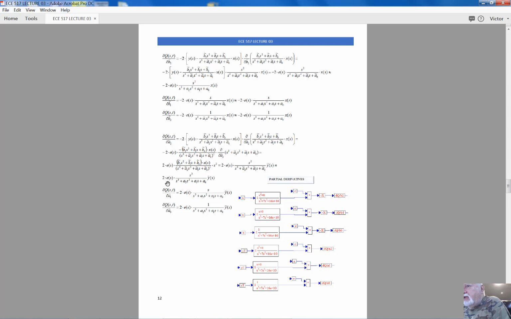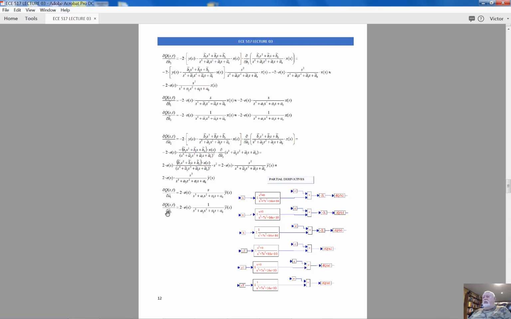So the final result is plus 2 times error times the second derivative of the output of the adjustable system divided by the denominator of the reference model. Similar expression I'm getting for the derivative of the criterion with respect to parameter a1 tilde and parameter a2 tilde.